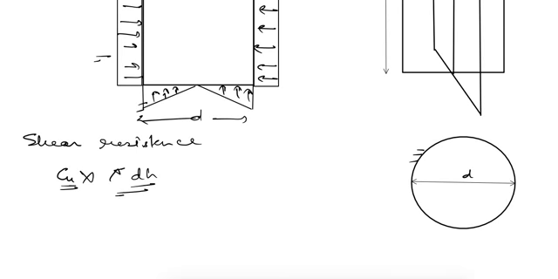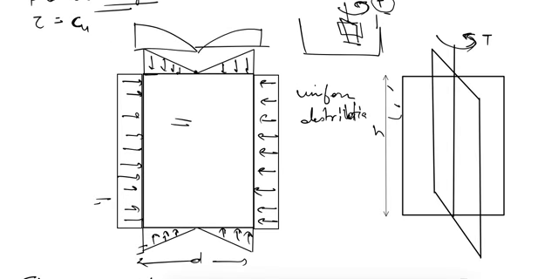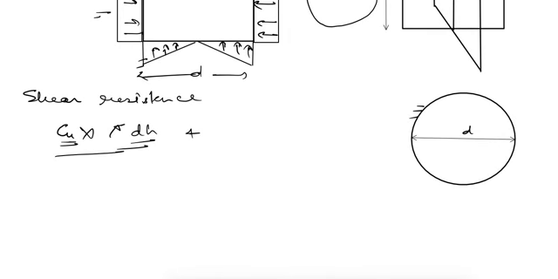So this is the shear resistance for the vertical area. If we want to write down the shear resistance of the top surface, it will be of the shape of a circle like I have shown here. The shear resistance is increasing: it is 0 at the center and has its highest value at the perimeter. So how can we write this?